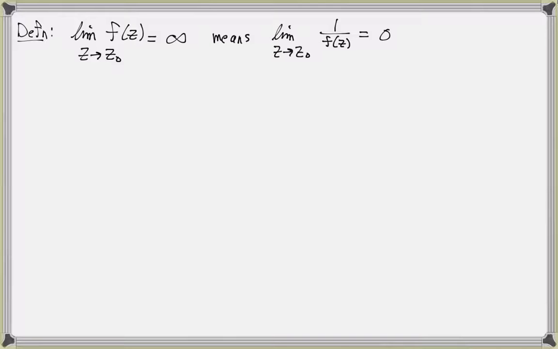So if the limit of 1 over f of z equals 0, then we'd say that the limit of f of z equals infinity.